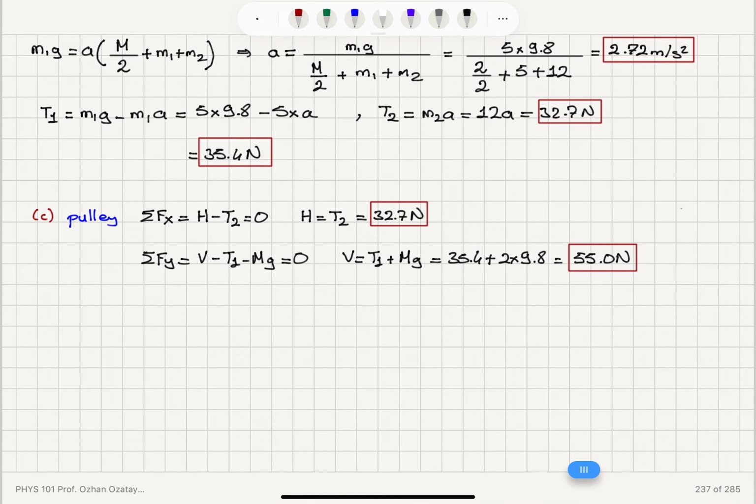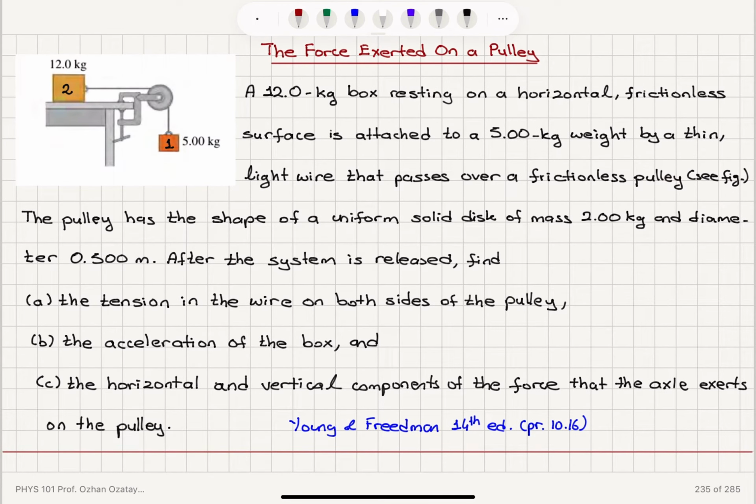All right, so let's summarize what we did here. We have two masses, 5 kilogram mass M1, that is hanging from this light wire that passes over a frictionless pulley, but the pulley has the shape of a solid disc. It has a mass, 2 kilograms, and diameter 0.5 meters. So as this mass descends, you will see this pulley will turn and the string will pass over the pulley.